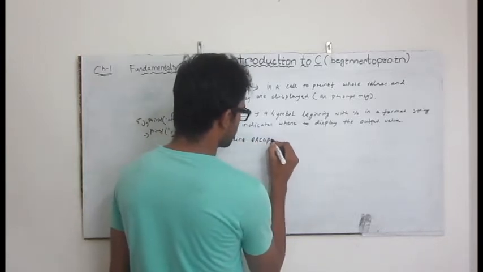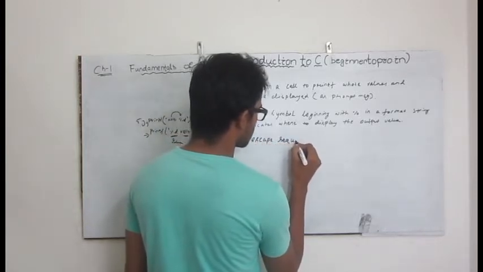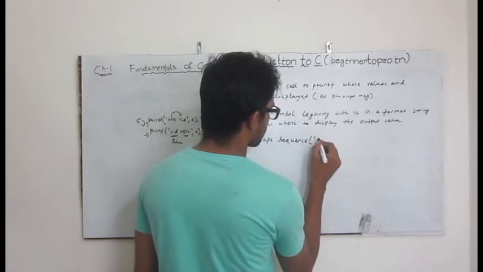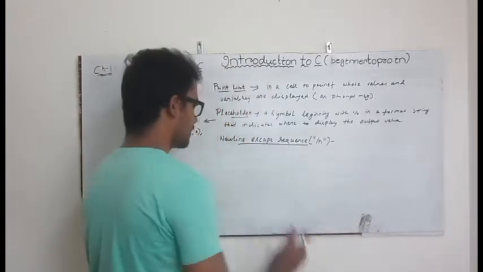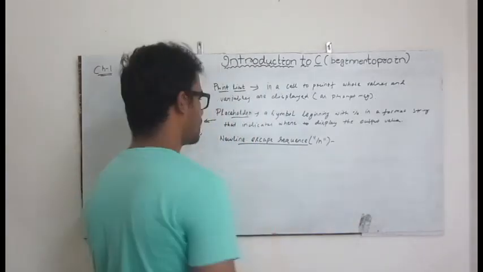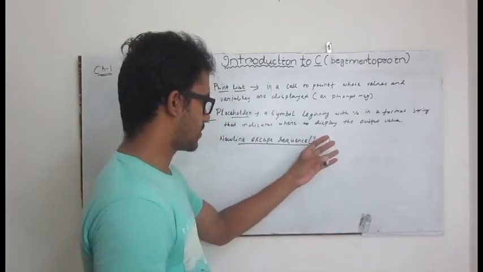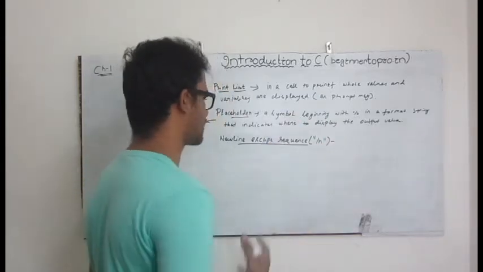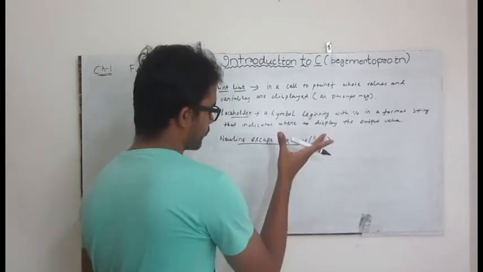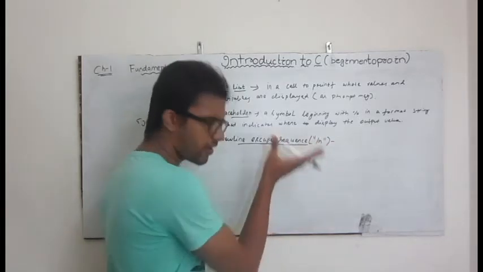After the concept of placeholder, our next point will be new line escape sequence. After showing a prompt message on the screen, it will just move on to the next line.